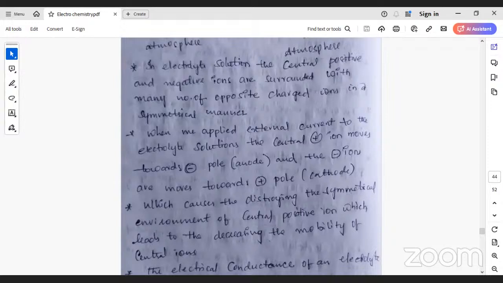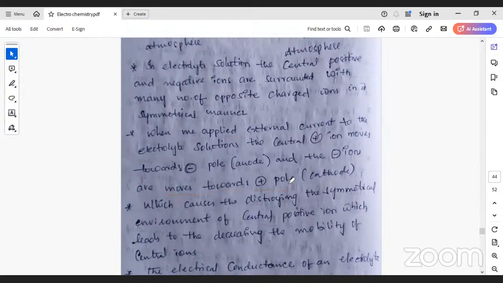In electrolyte solution, the central positive and negative ions are surrounded by many opposite charged ions in a symmetrical manner. When we apply an external current to the electrolyte solution, the central positive ion moves towards the negative pole and the central negative ion moves towards the positive pole.